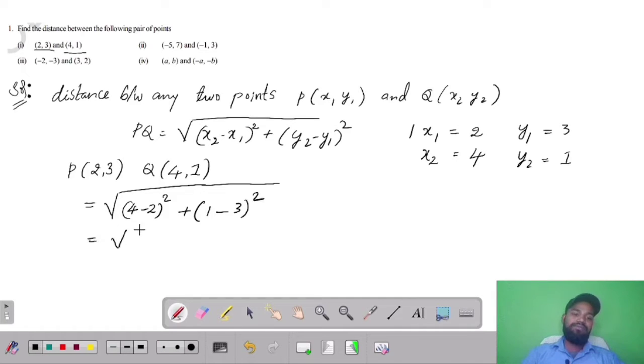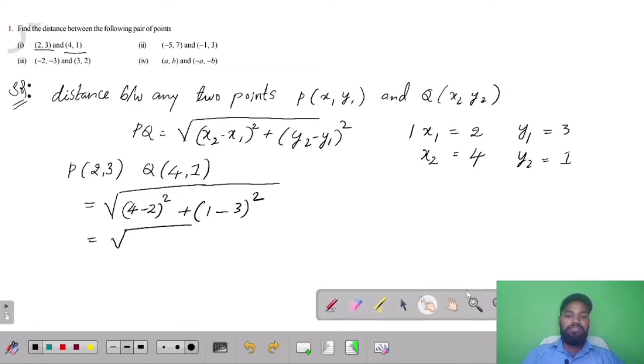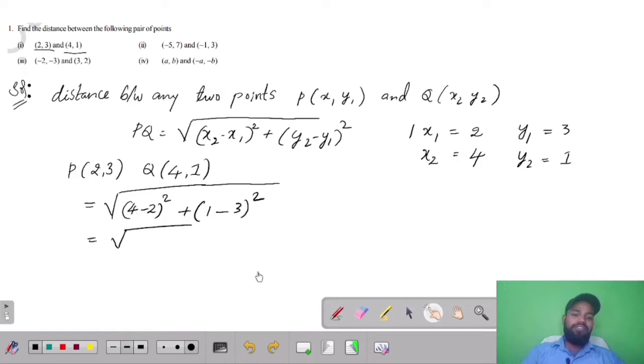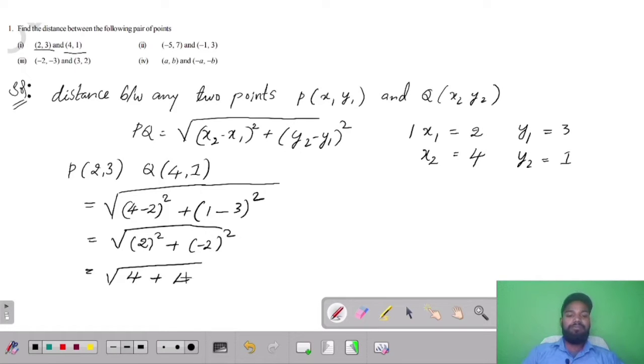Now just do the normal calculation. 4 minus 2 is 2, so 2 whole square, plus 1 minus 3 is minus 2, so minus 2 whole square. That is under root of 4 plus 4, which is 8. So under root 8 is the PQ distance.